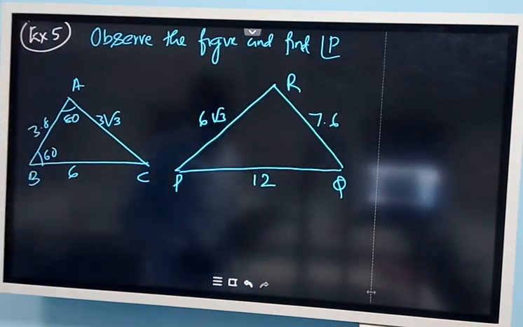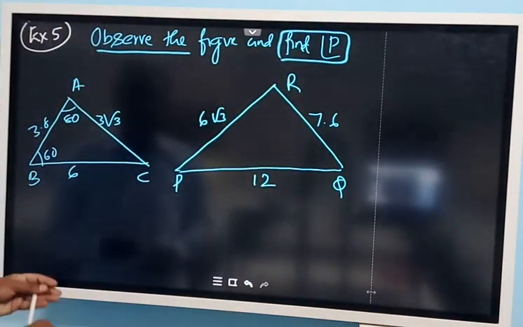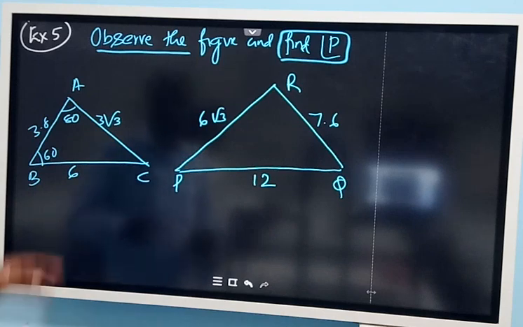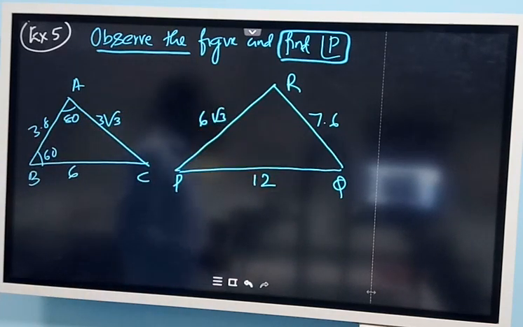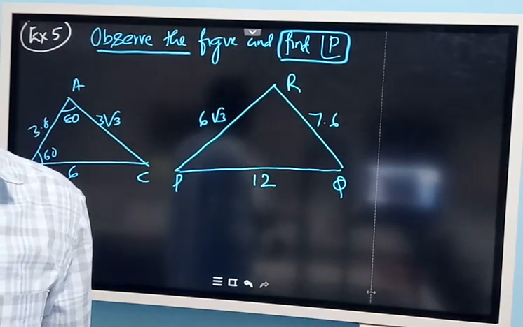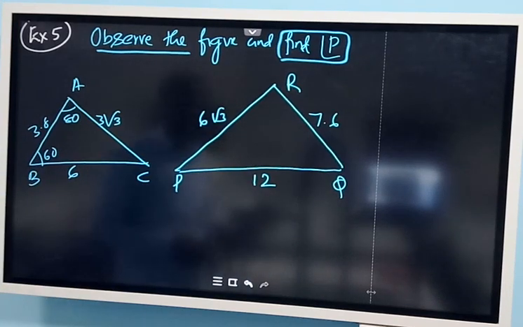So look at this. Observe this figure and find the angle P. There is a question now. Here two angles are given, here nothing is given. Here all the three sides are given, here also all the three sides are given. Let us verify whether the triangles are similar or not. How to verify? We have to check the ratio of the corresponding sides.